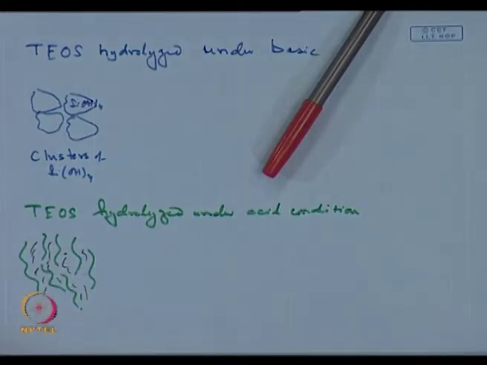So, now having realized that base catalyzed reactions give me basically clusters of SiOH4, while acid catalyzed TEOS gives me a sol, what next? What do we do with it?